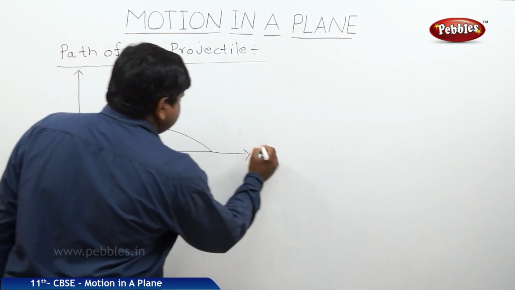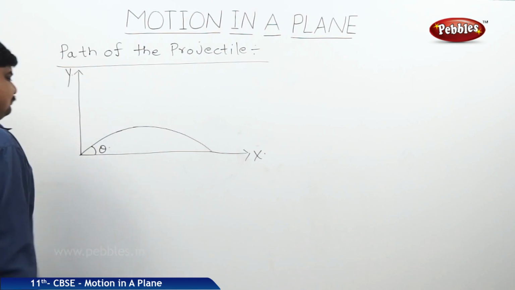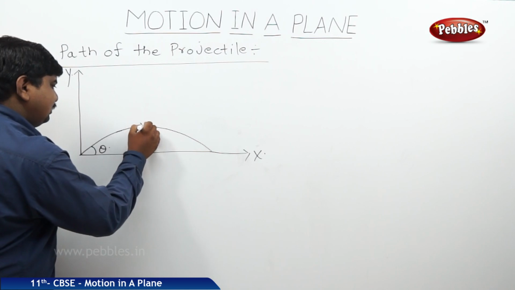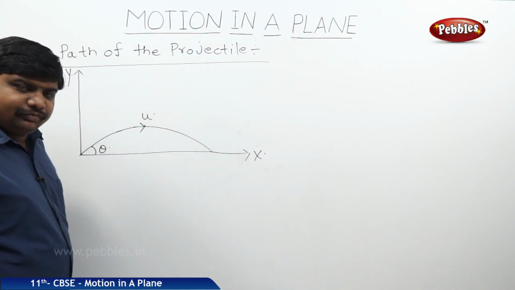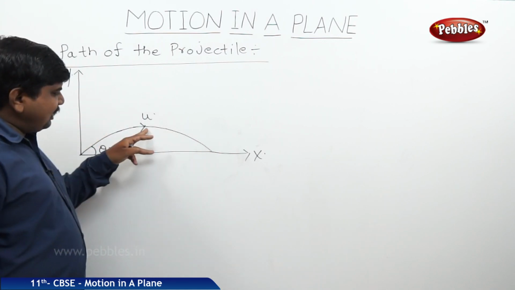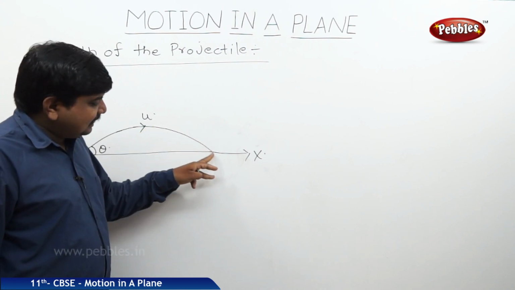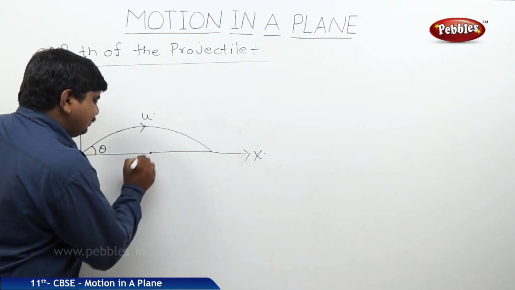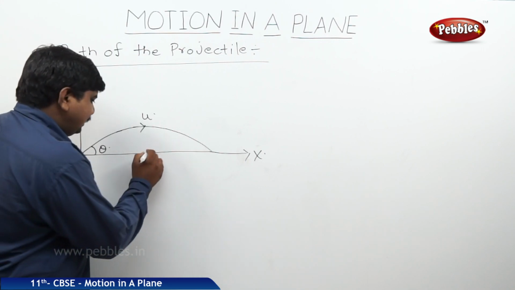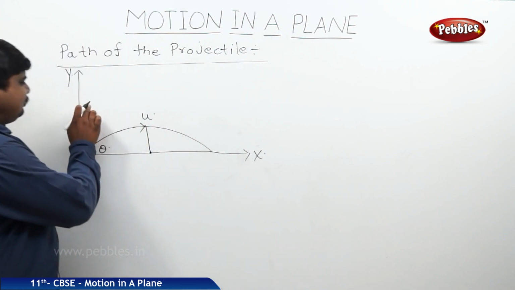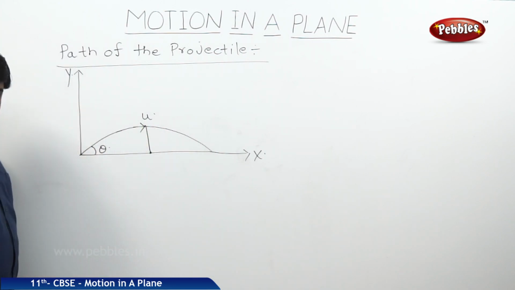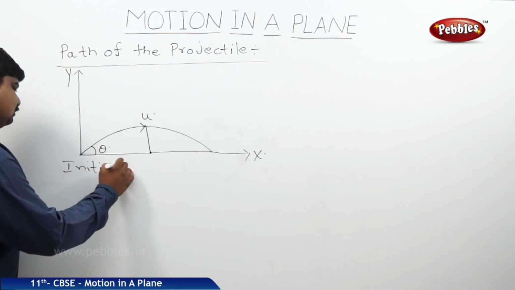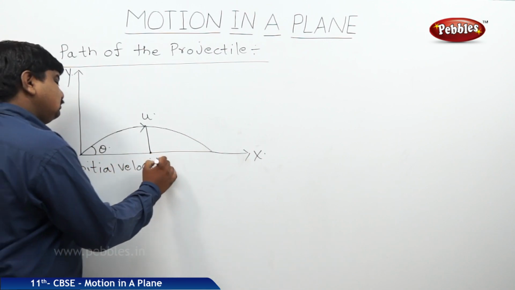This is along the x-axis, this is along the y-axis. Suppose the body was projected with an initial velocity of u. It reaches some maximum height, and from there onwards it will reach the earth again, a downfall.